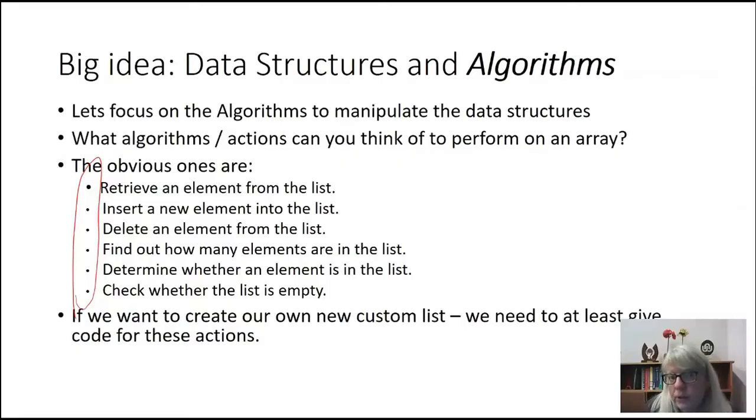We already talked about sorting it perhaps, but before that he wants to add information to the list. He wants to retrieve information from the list. He wants to delete information from the list. He wants to find out how many elements there are in the list, whether a specific element is in the list or whether the list might be empty.